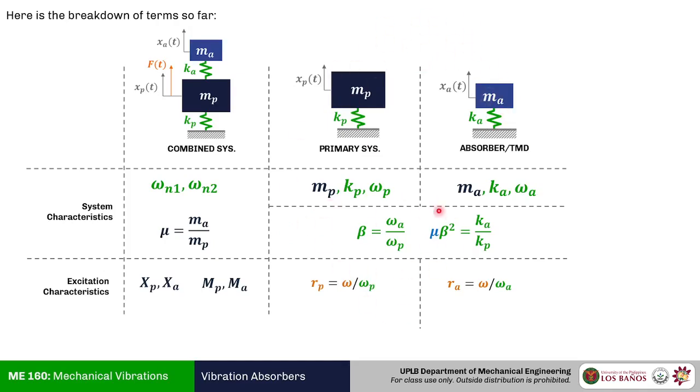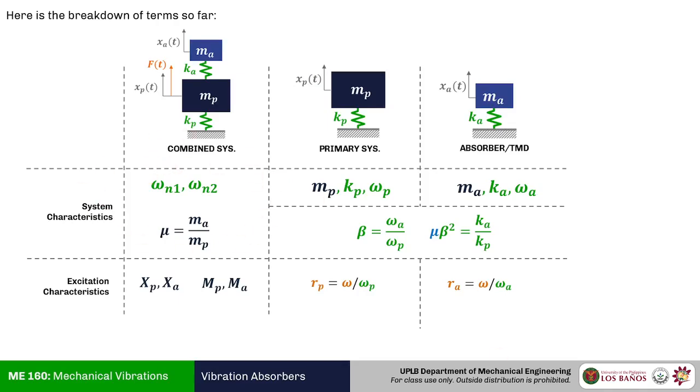Beta is actually not demonstrated outright by the combined system, but it is useful in simplifying terms. Again, this is a distinction. Keep that in mind. Omega A and omega P are dangerous when the primary system and the absorber are being operated distinctly from one another. They are not connected. But once you connect these two, you get a totally different kind of behavior.